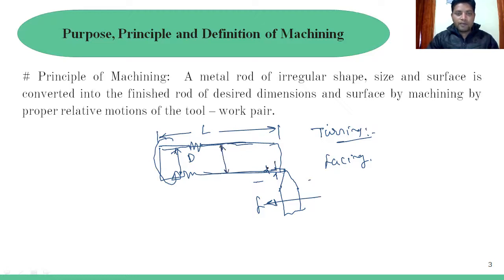So if we are taking initially a small d depth of cut, then the final diameter will be D minus 2d. Now the rod will be remaining at the end with this diameter and this length. Now for the turning, the diameter is reduced.